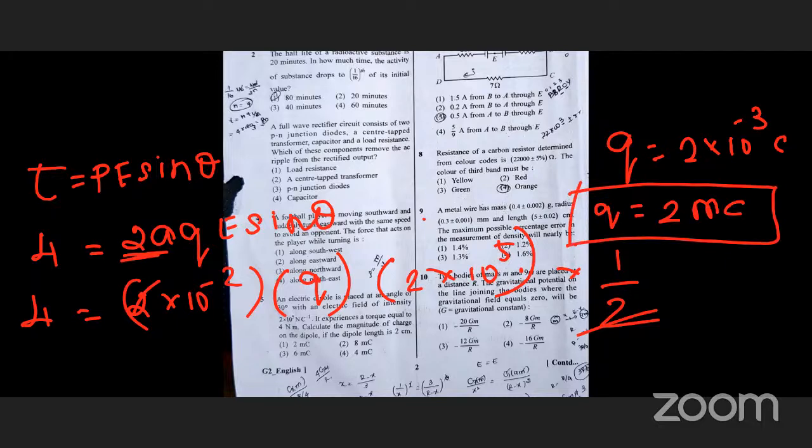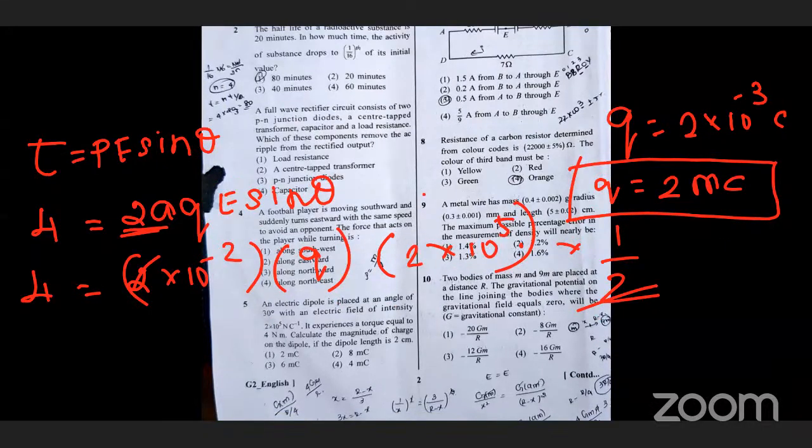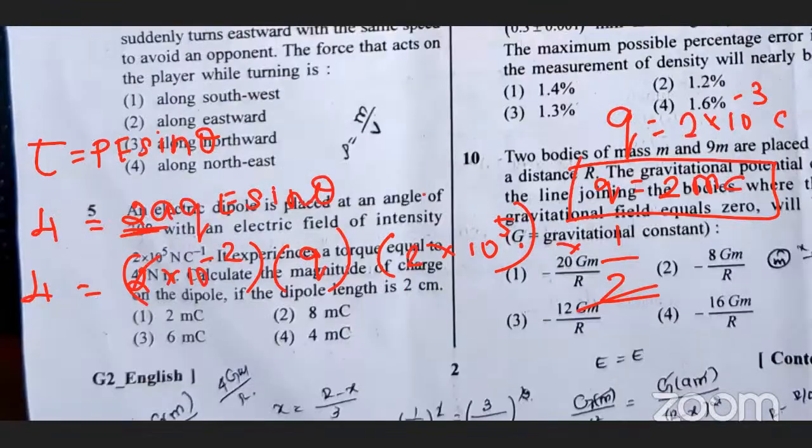Solving all this, you get Q equal to 2 into 10 power minus 3 coulomb, which is equal to 2 micro coulomb. So this is the charge. The right option is 2 micro coulomb, option 1.